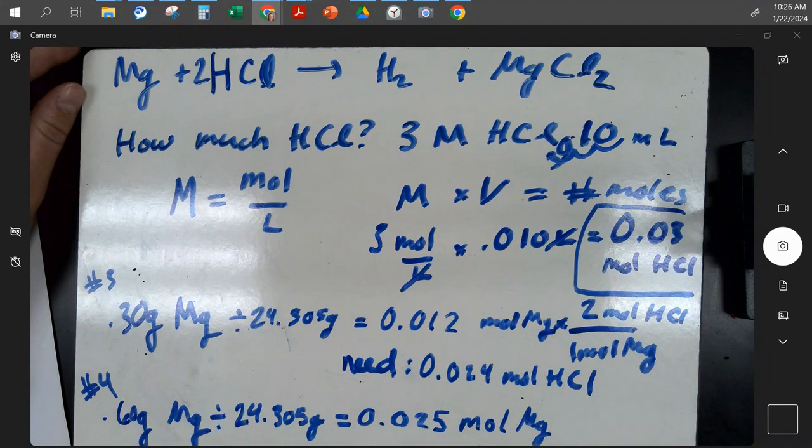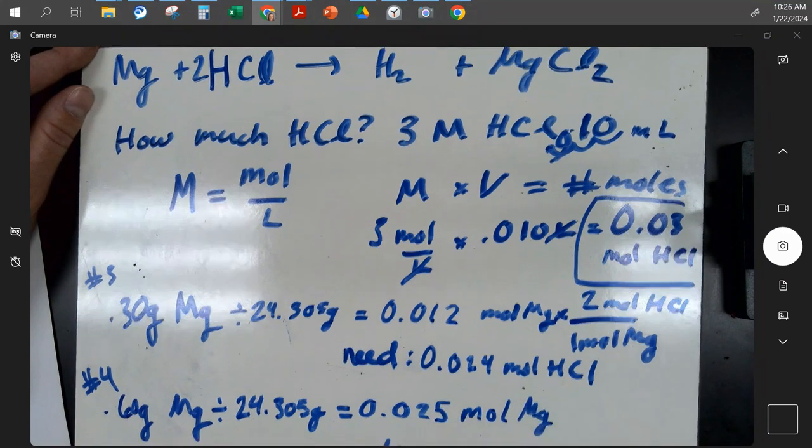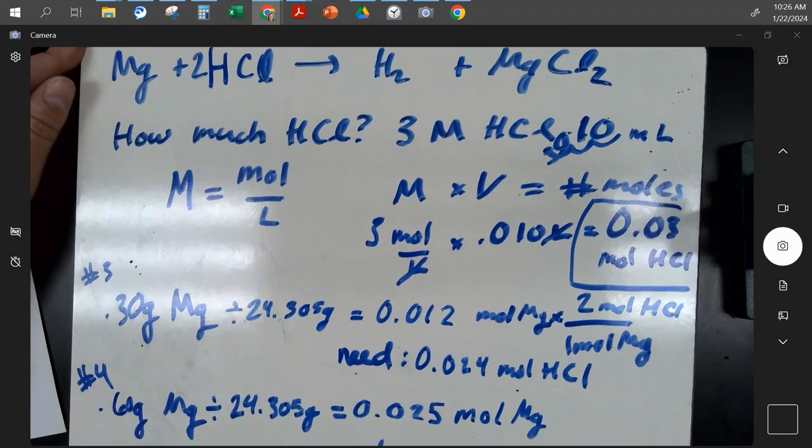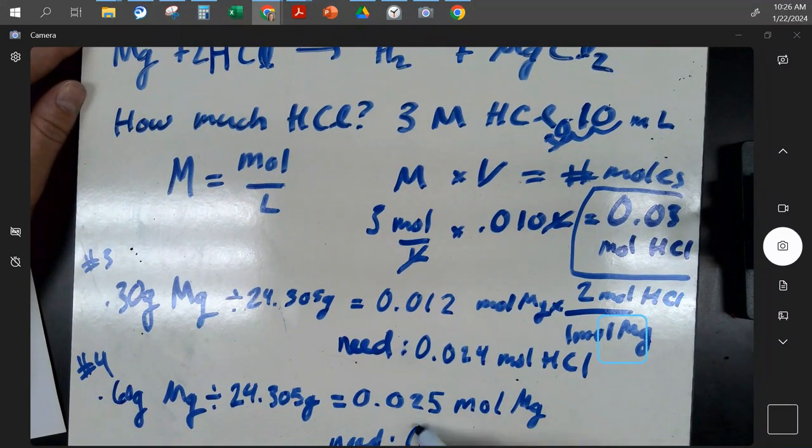So how about this one? If we start with 0.025 moles of magnesium, to use all of this magnesium, how much hydrochloric acid would we need based on our ratio, 1-to-2? Yes, 0.05 moles of HCl. And how much did we have?